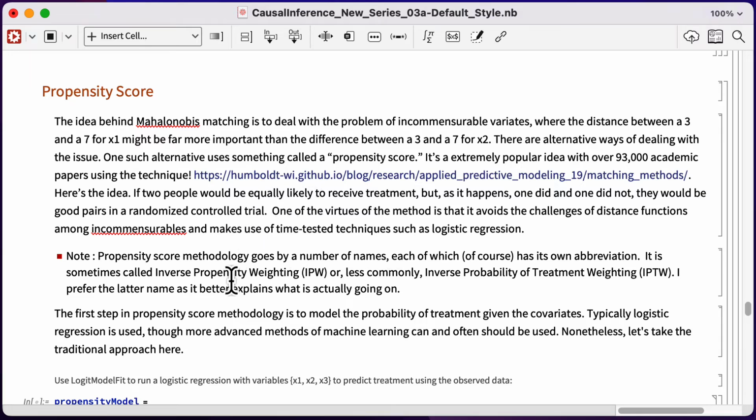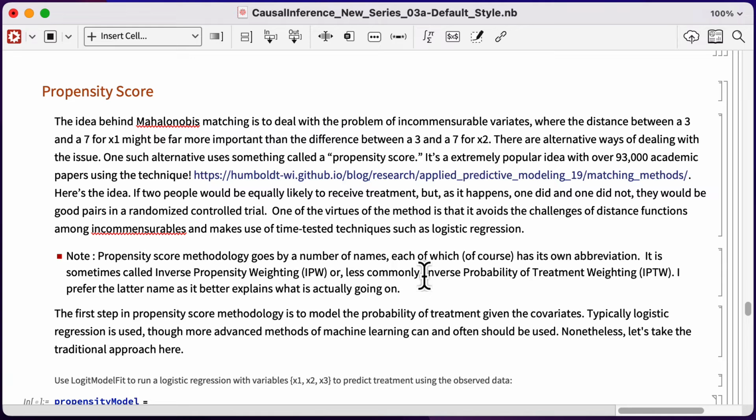And by the way, like everything else in causal inference, this has multiple names. Sometimes this method is called inverse propensity weighting, or inverse probability of treatment weighting, IPTW. In my opinion, that's the best name because that's actually what's going on. It depends on the inverse probability of treatment and weighting people that way.